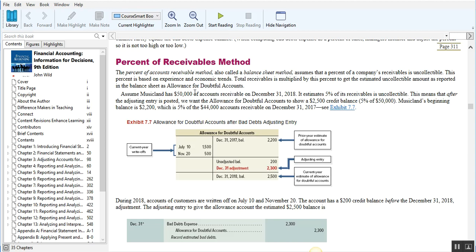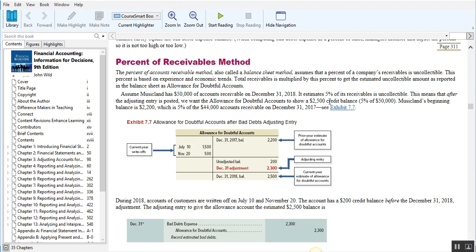And so we have 50,000 in accounts receivable. This is all receivables and may include some from prior periods. But we're going to say 5% of those are not going to be collected. So we take 5% of 50,000 and we arrive at a $2,500 balance. Because we're basing it on entire receivables, this is what we calculate the total allowance should be.